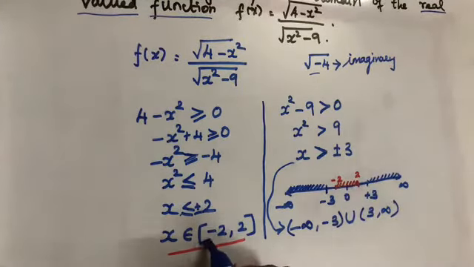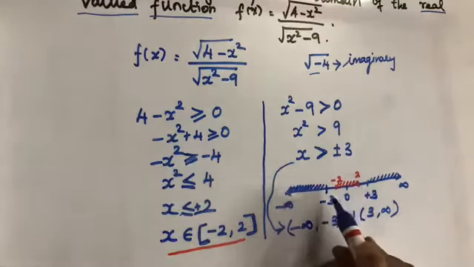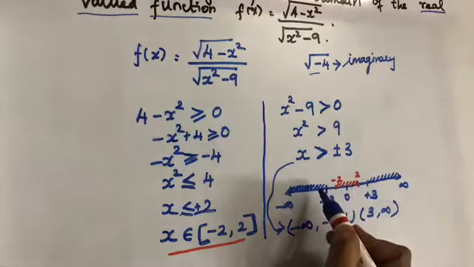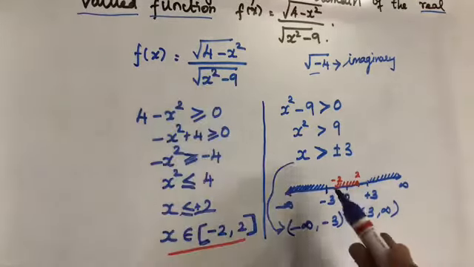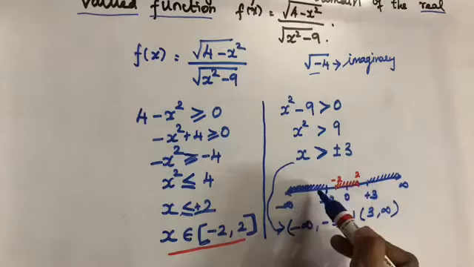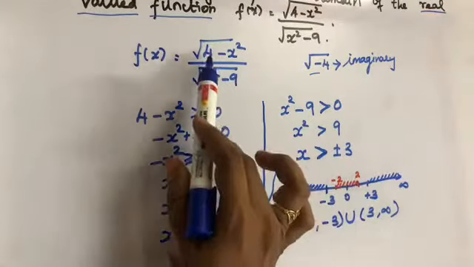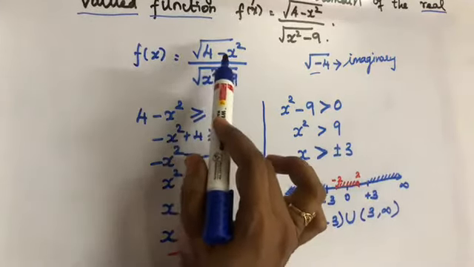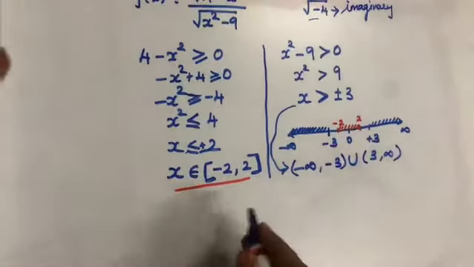Now you may take any value in this interval and substitute in this function. Any random values for x, if you substitute in this function f of x, you will get imaginary values only.